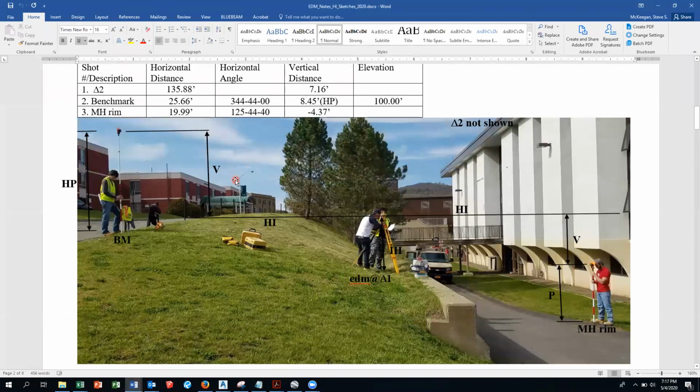You're either moving up or you're moving down in elevation using a benchmark, height of instrument, which is an elevation. The rod reading is really the prism, right? And then the vertical distance. So you'll see a good amount of that on the test next week.